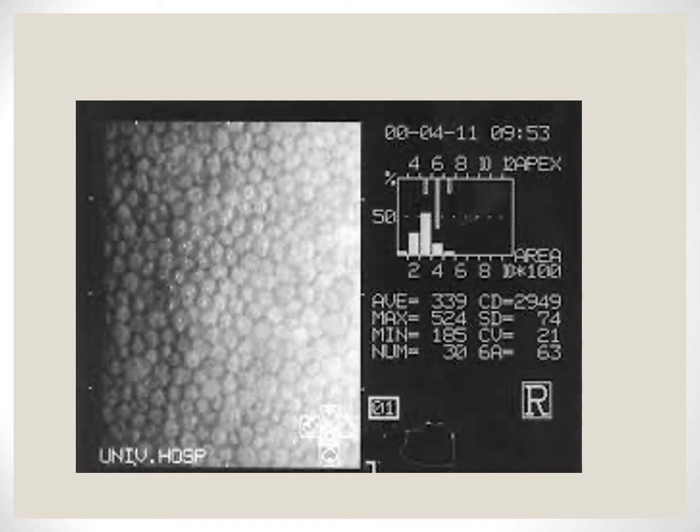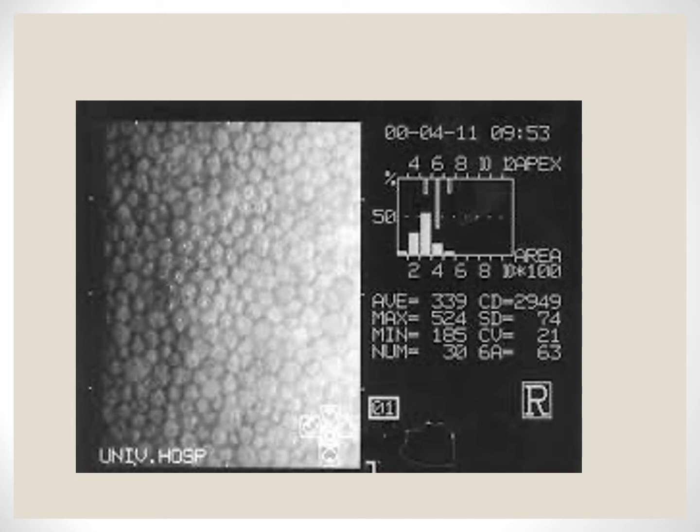Below this number, we will consider that the cell density is below normal. There is also the average cell size, which is variable, with an average of around 500 microns, and a maximum and a minimum cell size are also given in the printout with a coefficient of variation in percentage.